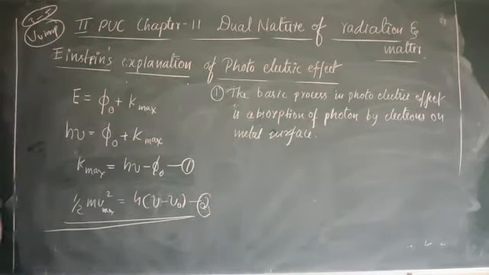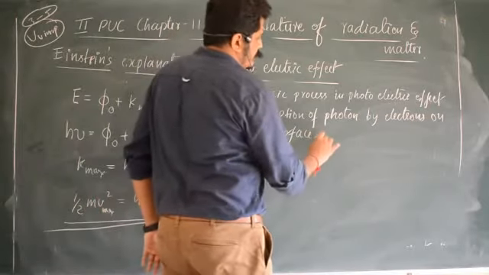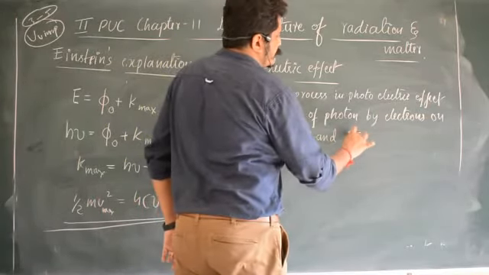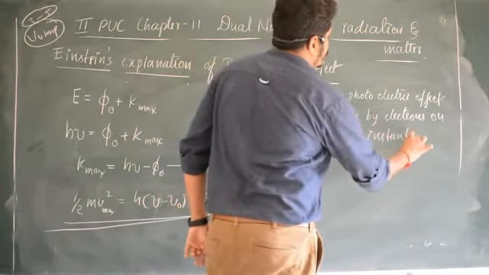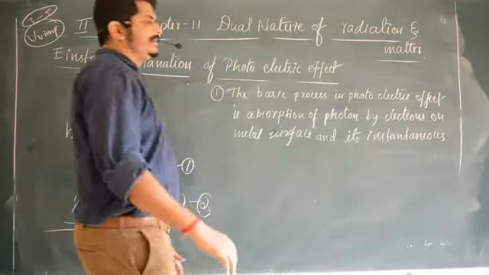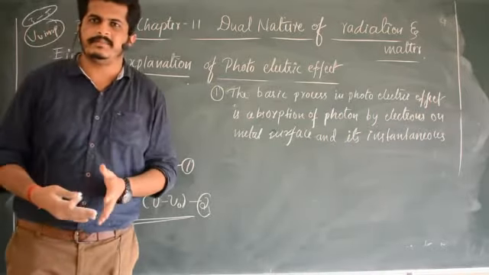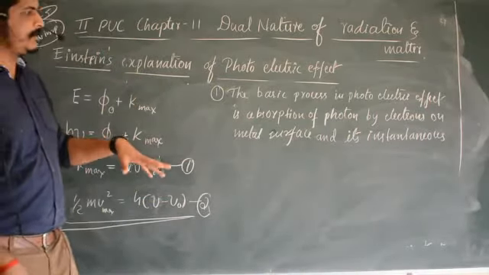That's why he is a Nobel laureate, correct? Therefore, this process is instantaneous. See, there also it was said to be an instantaneous process. Here also Einstein said the same thing: it's an instantaneous process.